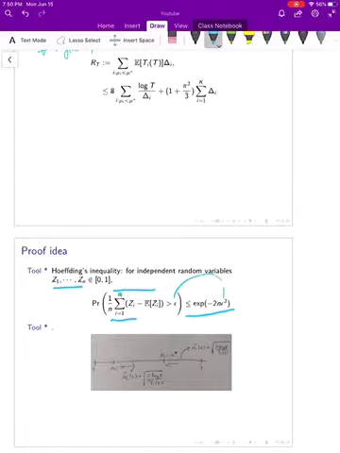And this confidence term epsilon comes into the picture in this bound here.